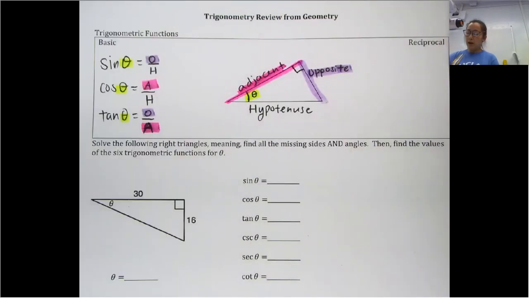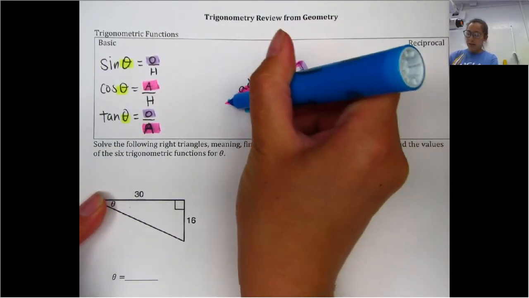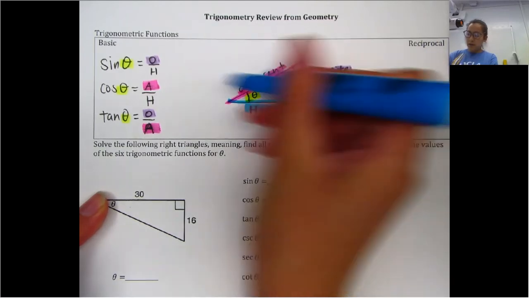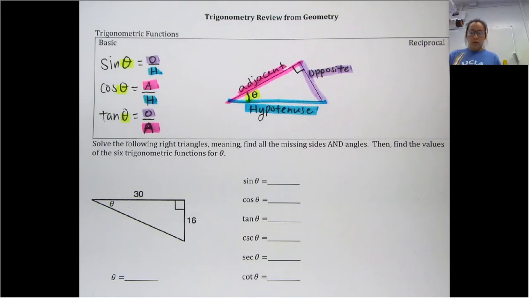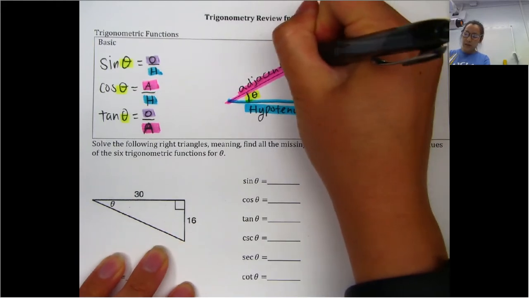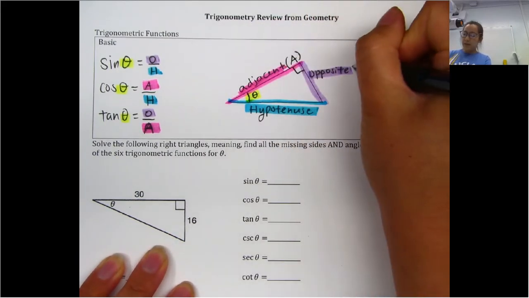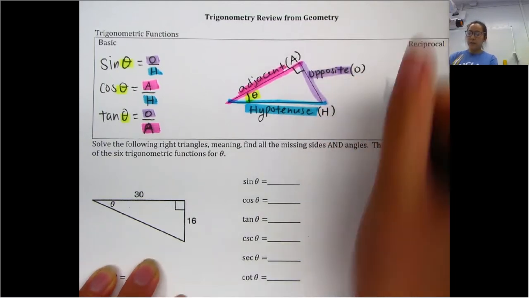And we're going to do hypotenuse in blue. The hypotenuse is this entire side length right here. And just to write in parentheses, adjacent we shorten as A, opposite we shorten as O, and the hypotenuse we shorten as H.